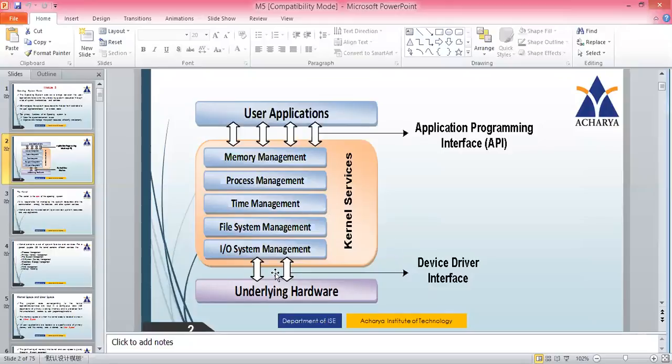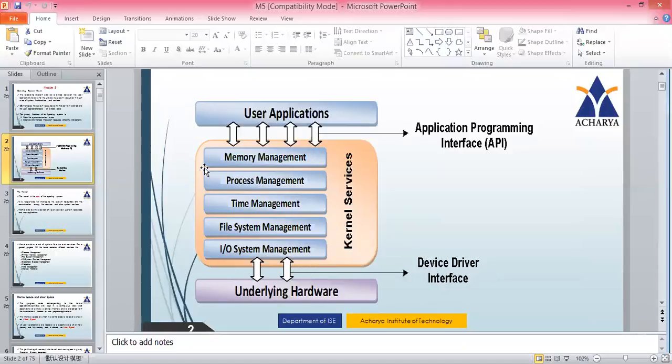So to detect the scanner, we add one more interface called the device driver interface. This interface is only for the scanner. In that situation, the scanner can be attached to the system, and then the user applications can use it. So for applications not supported by the inbuilt operating system, we give an add-on, and this is called the device driver interface.